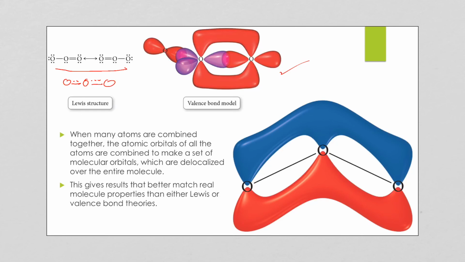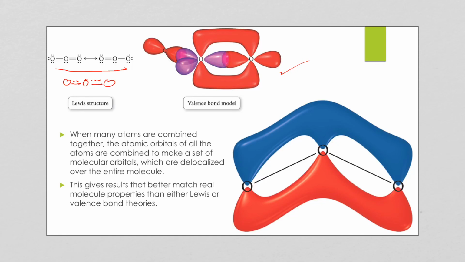So when we do molecular orbital theory, we can generate orbitals that encompass the entire molecule, not separated, located on individual atoms. We can now form a bonding orbital that explains or shows this kind of delocalization. Now, again, this is going to become more complex because now we have more than 2 atoms.